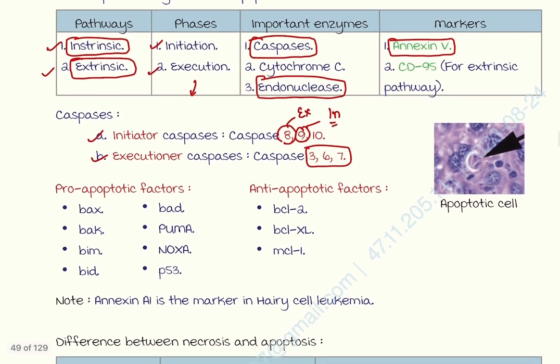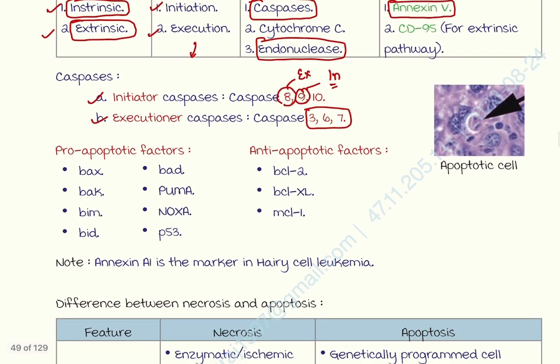Now this apoptosis is regulated by 3 sets of genes. One is the pro-apoptotic factors. That means if these factors are there, they will increase apoptosis. And anti-apoptotic factors: if these are activated, they will not allow the apoptotic pathway to be activated.